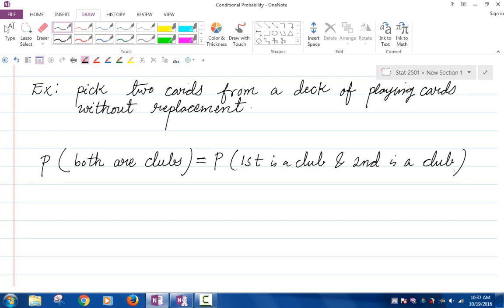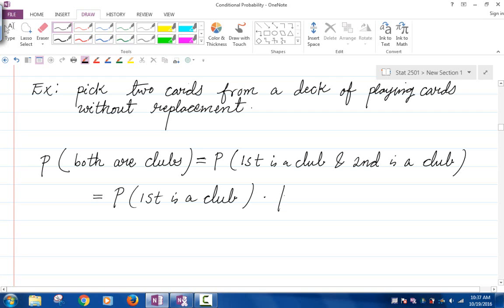So you're asking what's the probability of A and B. So I can use the multiplication rule and say this is the probability that the first is a club multiplied by the probability that the second is a club, given that the first is a club.